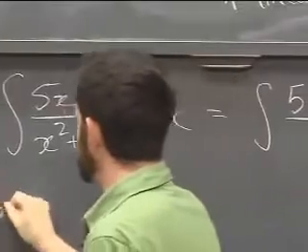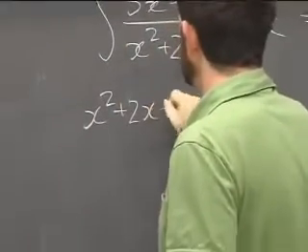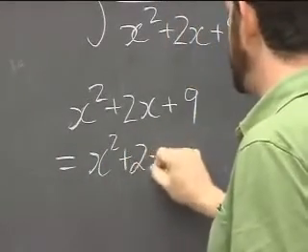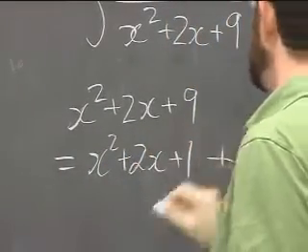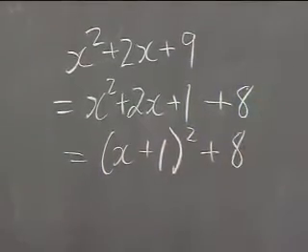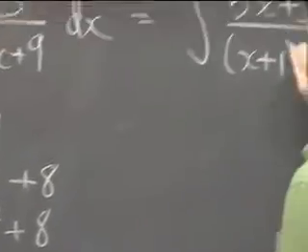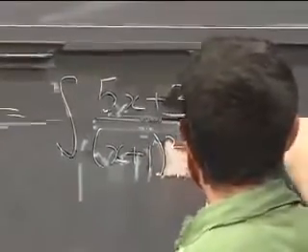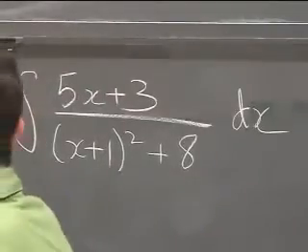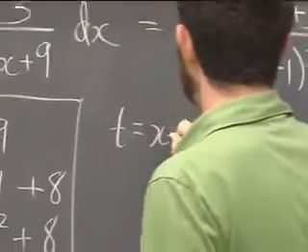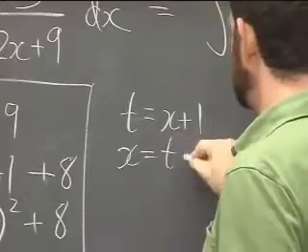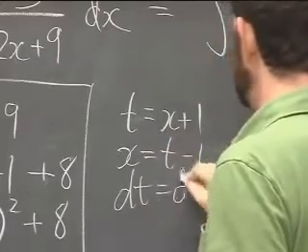You complete the square, x squared plus 2x plus 9. You want to steal away a 1, because you know x squared plus 2x plus 1 is a square. So I'm going to write this as x plus 1 all squared plus 8. So you just want to transform this like so. And then if you let t equal x plus 1, then you have x is t minus 1, dt is the same as dx.